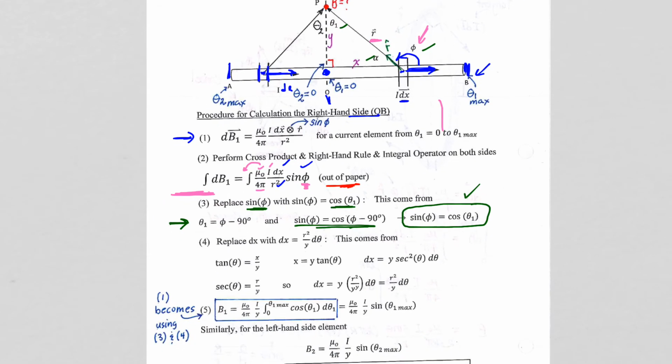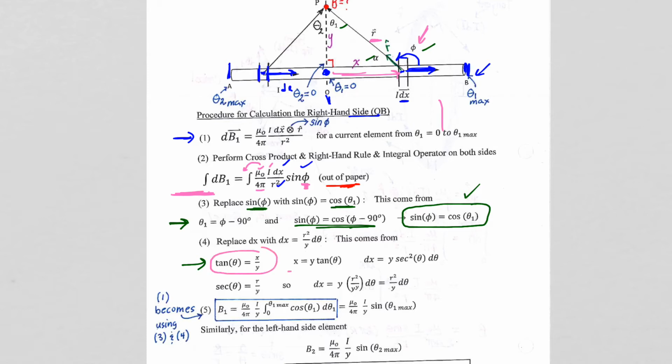So we're using the trigonometric relationship between sine and cosine to show that sine phi equals cosine theta 1. So, check. Again, you would only know to do this by sitting and attempting to solve it and realizing that the x coordinate from 0 to where the IDL is, and the y is equal to tangent theta.